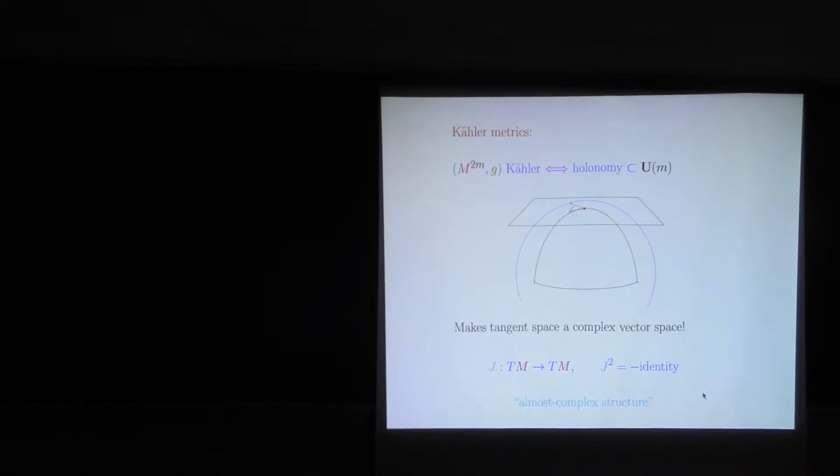So in particular, you can make every tangent space of the manifold into a complex vector space in a consistent way. That would be saying that it is automatically associated with an almost complex structure on the manifold. But in fact, this is automatically an integrable complex structure. The fact that J is preserved by a torsion-free connection implies that it satisfies the vanishing of the Nijenhuis tensor.